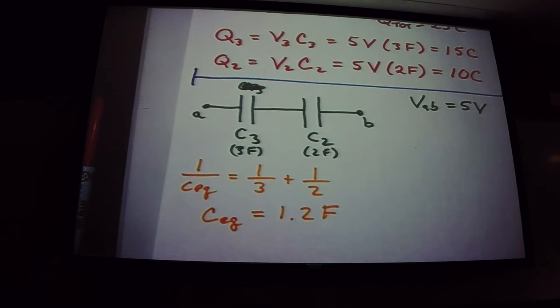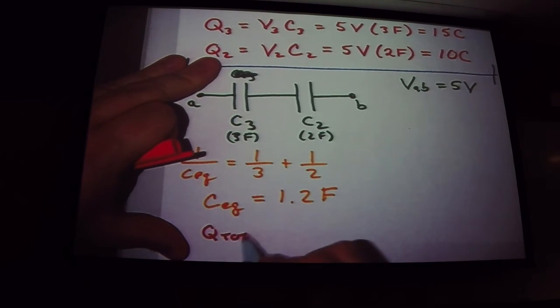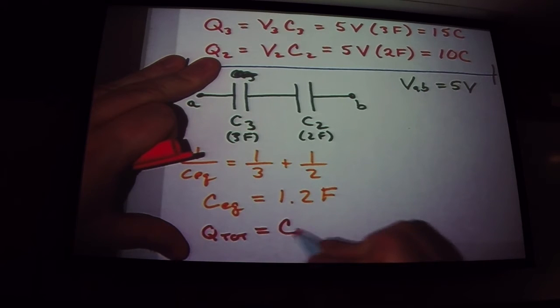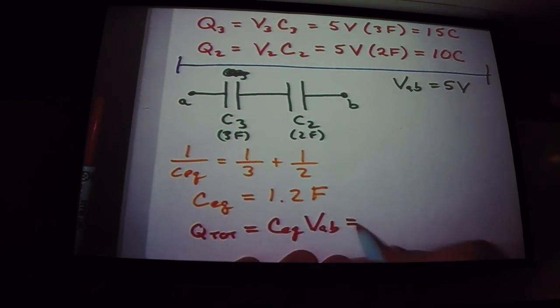Okay, so now let's complete the analysis of this. My Q total here is my C equivalent multiplied by my VAB. And so how much total charge do I have stored in the circuit? 6 what? Coulombs.